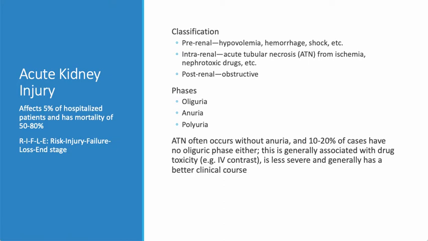They may also not have normal kidneys to begin with. So those people are at risk. There's injury that happens. There's the failure part, there's loss of nephrons, and then there's end stage where they end up needing dialysis. So we don't talk about the RIFLE classification system, but we think about it when we're thinking about severity of disease.